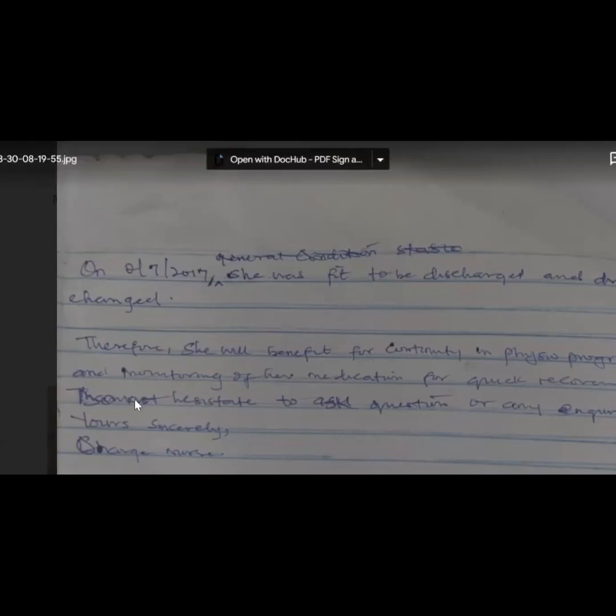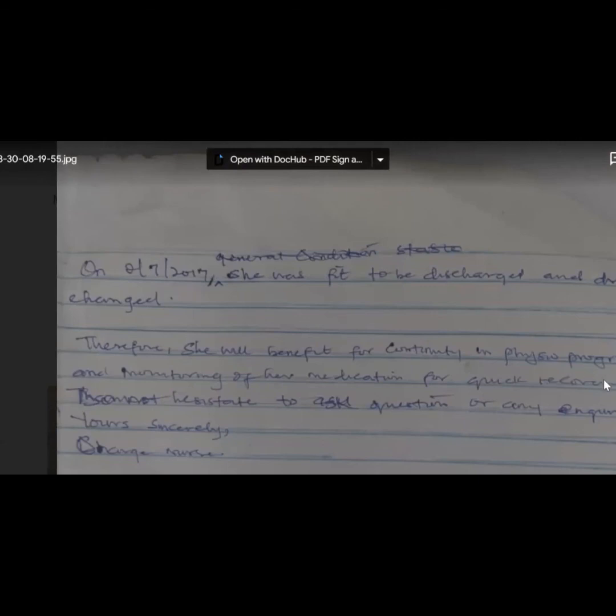Complete the physiotherapy program. Do not hesitate. If you cancel something out, please make it clear that you really cancel it and write it legibly after. This does not look like you have cancelled it, but it does not make sense if you don't put it. Do not hesitate to ask questions. So what are you referring this patient for? Continuity in physiotherapy program at the rehabilitation center?